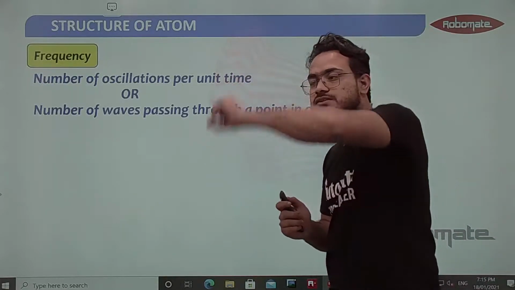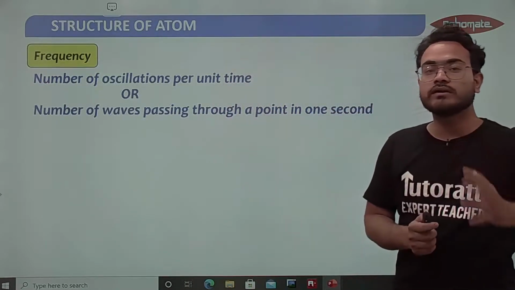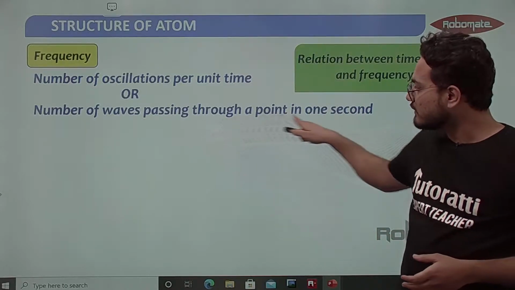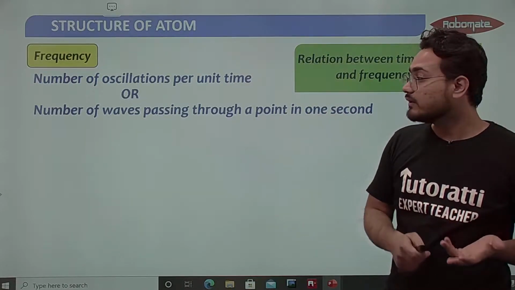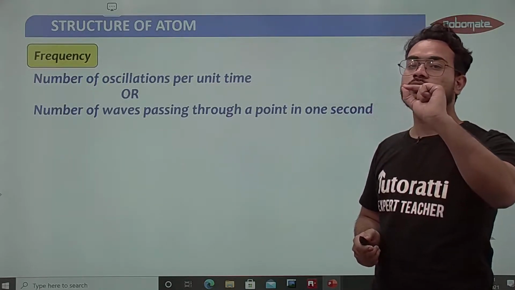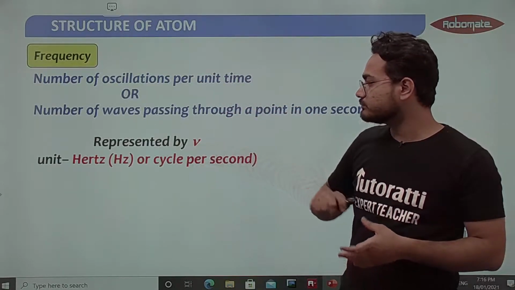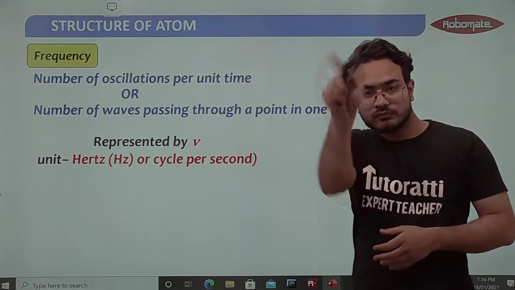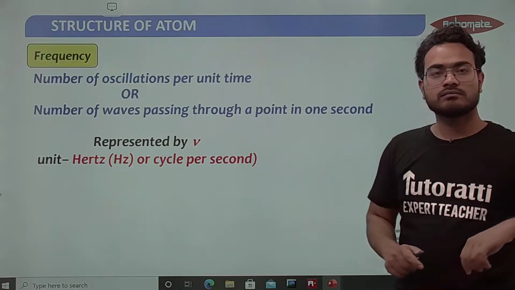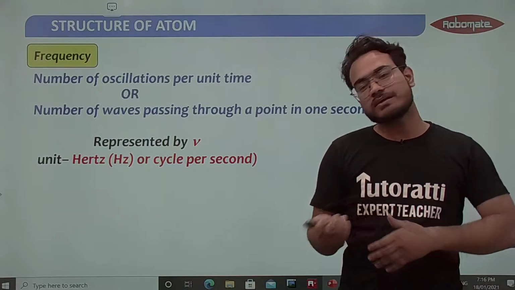Or the second definition: the number of waves passing through one point in 1 second will be called the frequency. How is it represented? By nu. It has a zing in it. And what is the unit? Unit is hertz or cycles per second, generally per second.